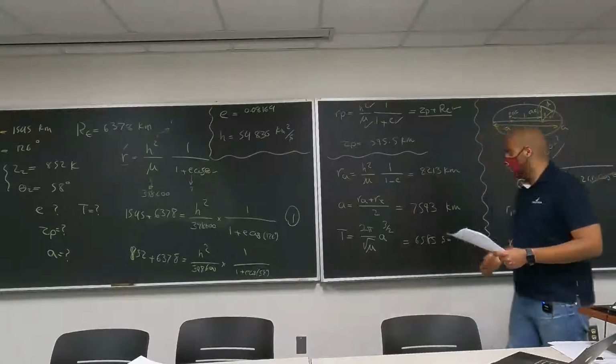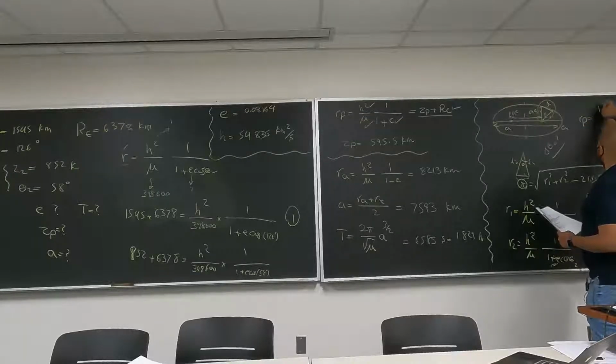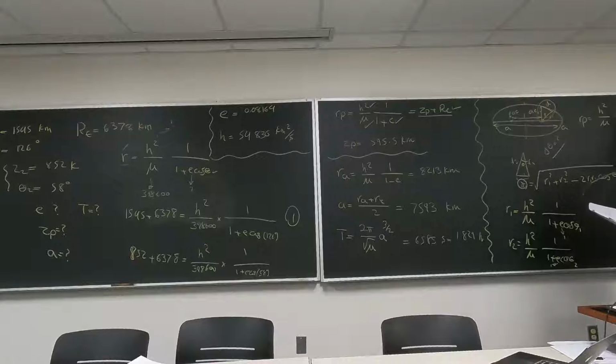Sorry, perigee. Yeah, exactly. So we have the perigee radius, which is h squared over mu, 1 over 1 plus e cosine of 0. Cosine of 0 is 1, and e is also 1.